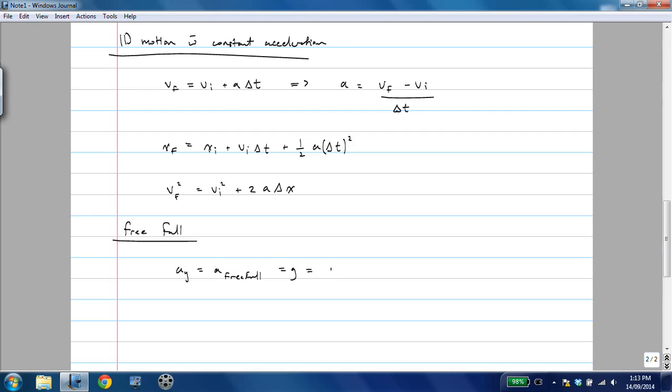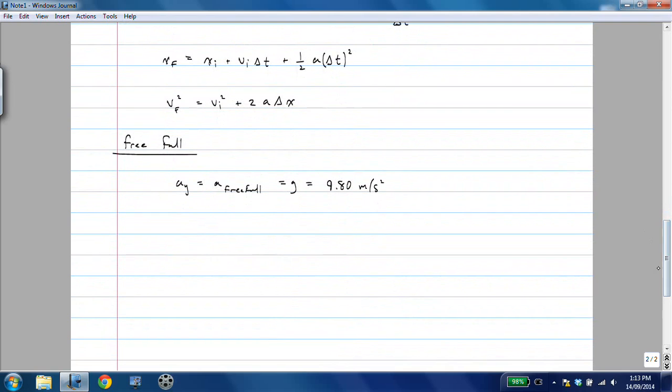This equals 9.80 meters per second squared. So if you use Newtonian mechanics, you will find that the acceleration due to gravity is 9.8 meters per second squared.